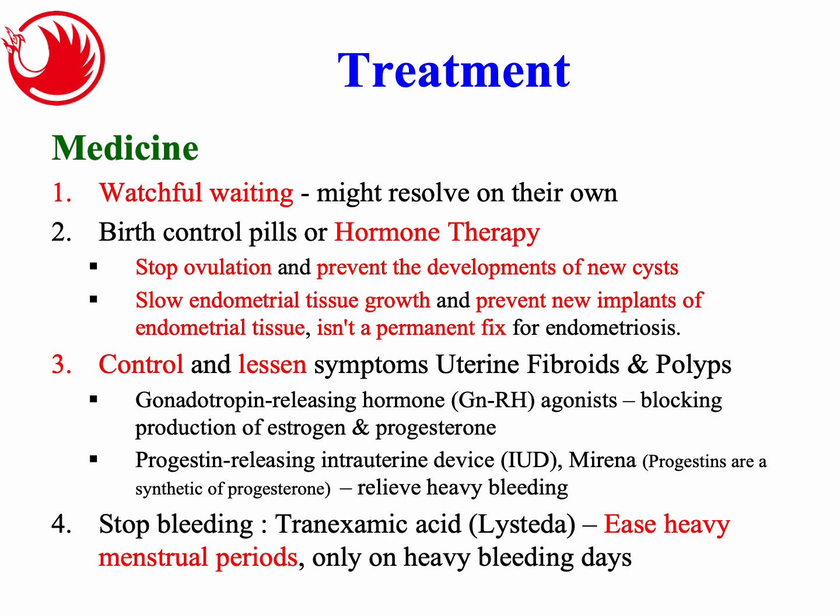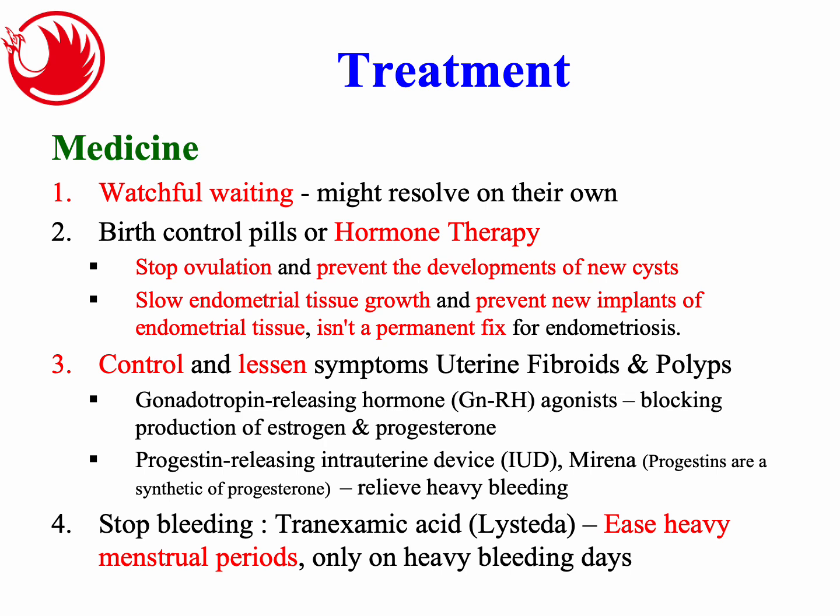Another one is the progestin releasing IUD. This IUD is a device inserted into the uterus that releases progestin, a synthetic form of progesterone. This helps to relieve heavy menstrual bleeding.